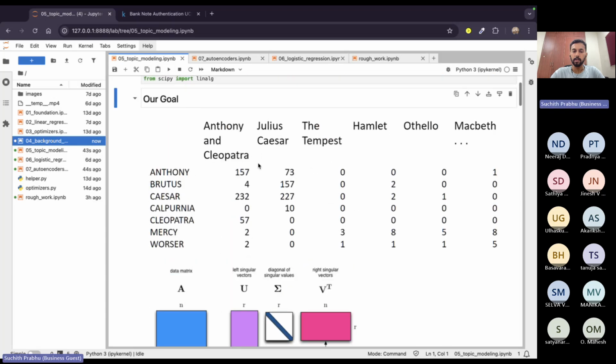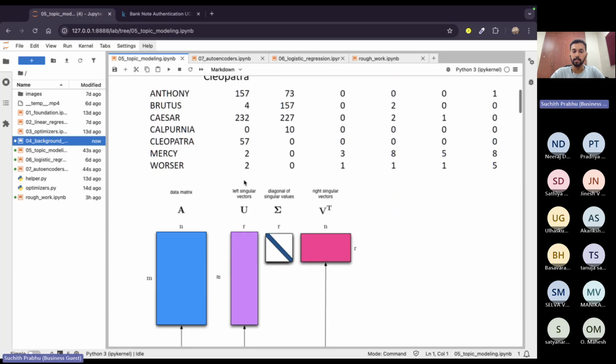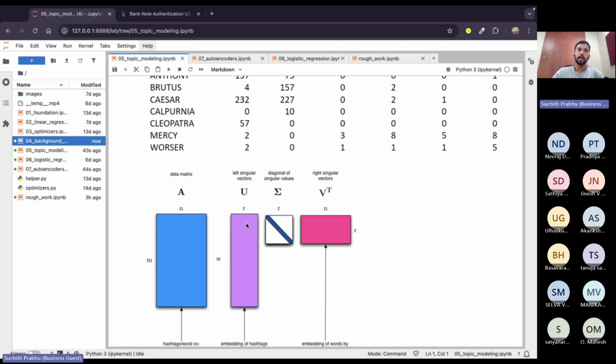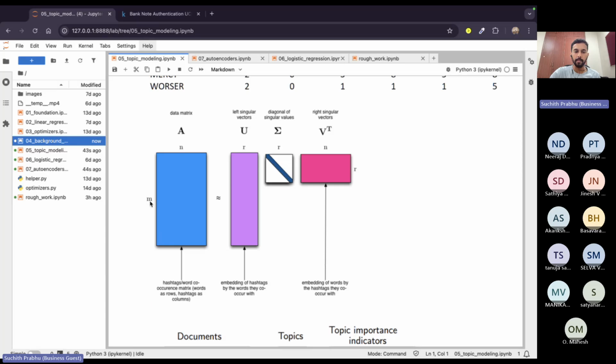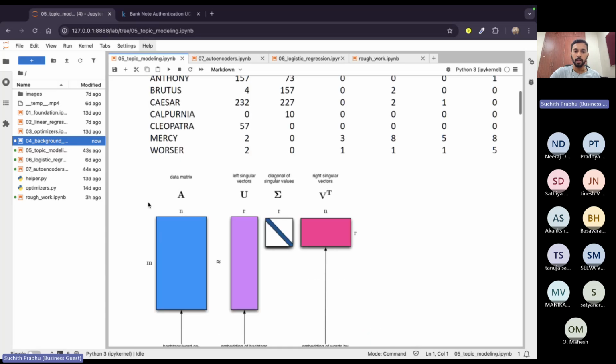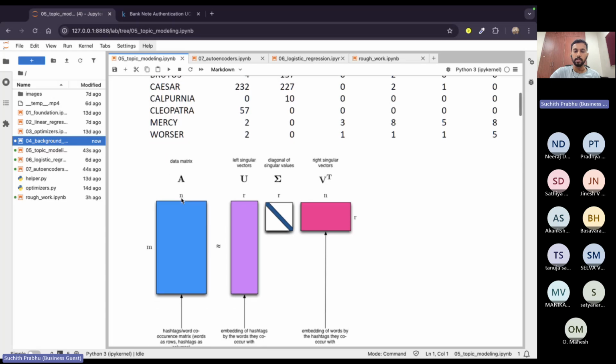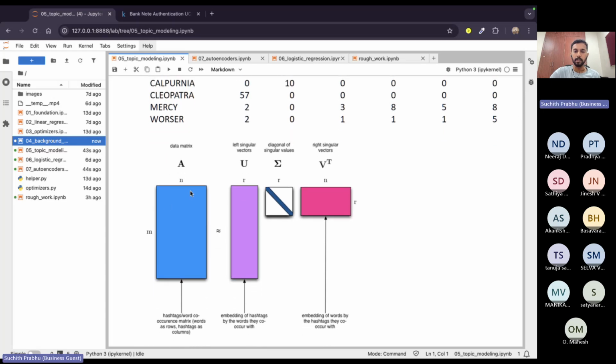What happens in PCA is you get the eigenvectors, and the eigenvector captures most of the variation in the data. So what we expect after this, given this huge matrix M, where M is the number of documents in our case and N is the number of words, is that we'll approximate this with a smaller one. We'll compute the SVD and only consider, say, the top R values and drop all the rest.